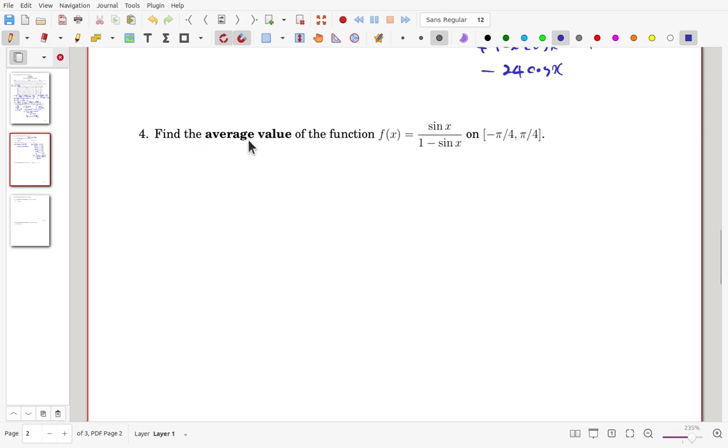Find the average value of the function f of x equals sine x over 1 minus sine x between minus pi over 4 to pi over 4.